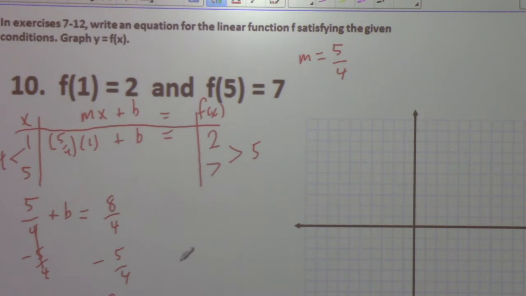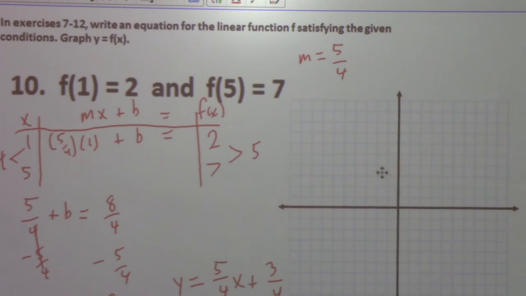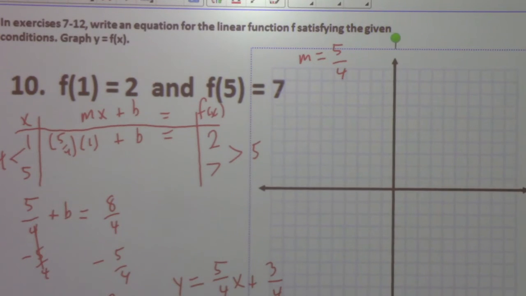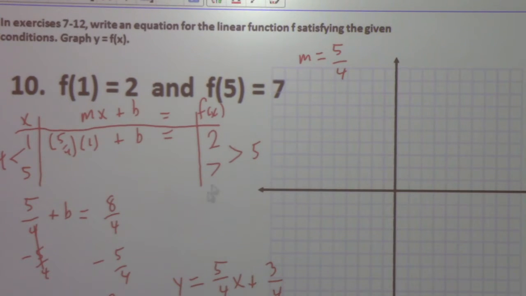So now, do we have an equation to deal with? Yeah, we got y is equal to 5/4 x plus 3/4. And then we can graph this thing by going up here at x equals, where's our y-intercept here? 3/4.